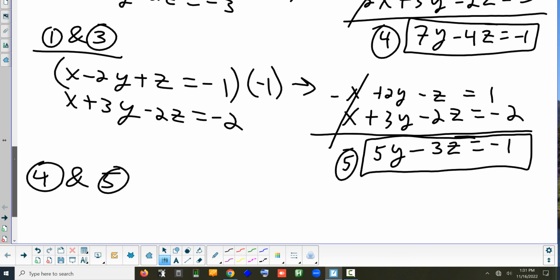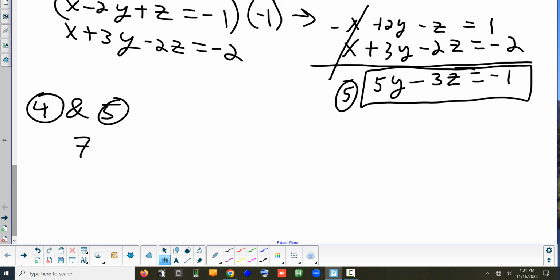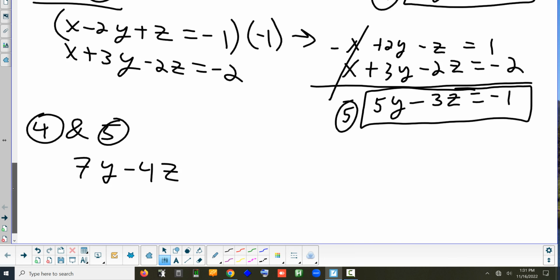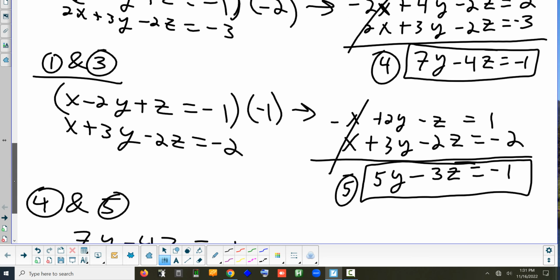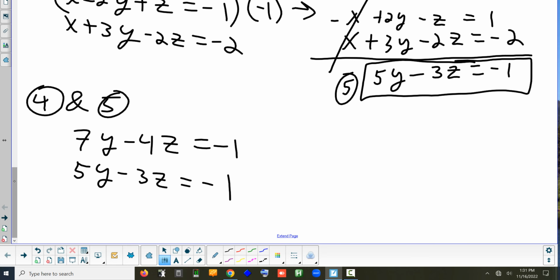Okay. Let's just copy it first. So 7y minus 4z equals -1. 5y minus 3z. Are they both equal to -1? All right.